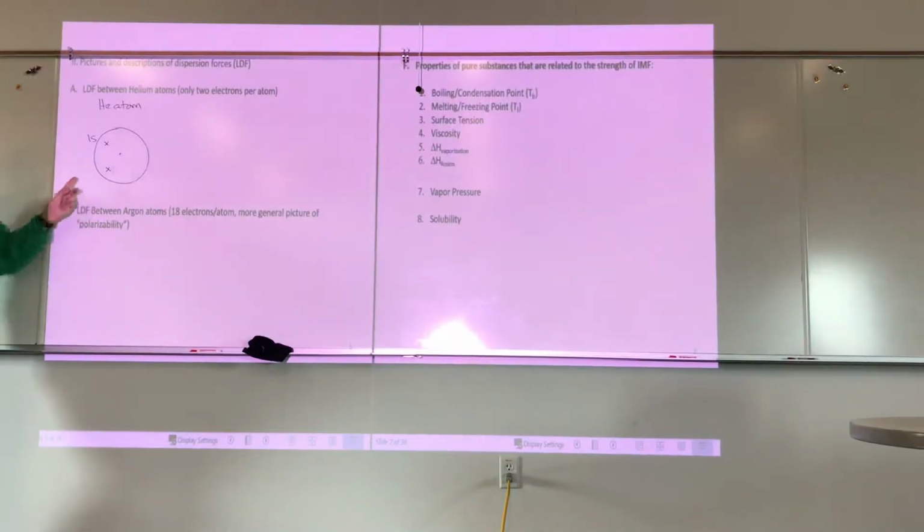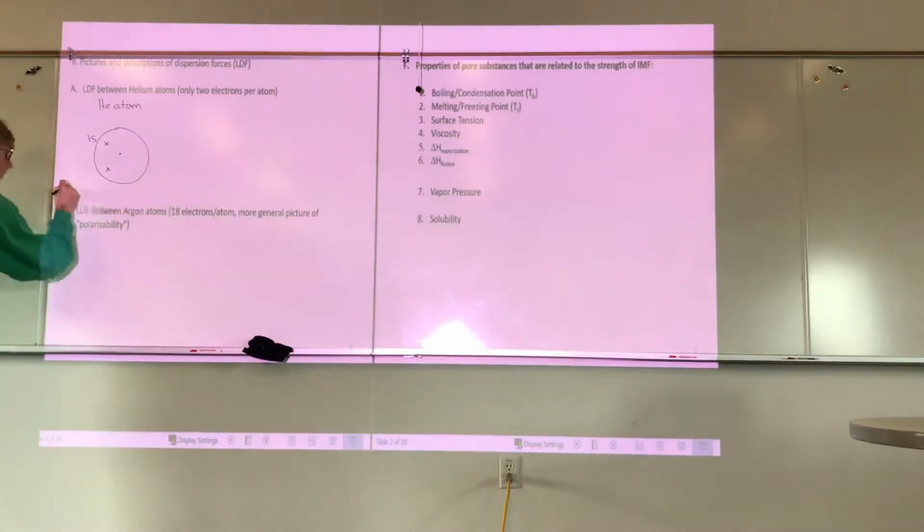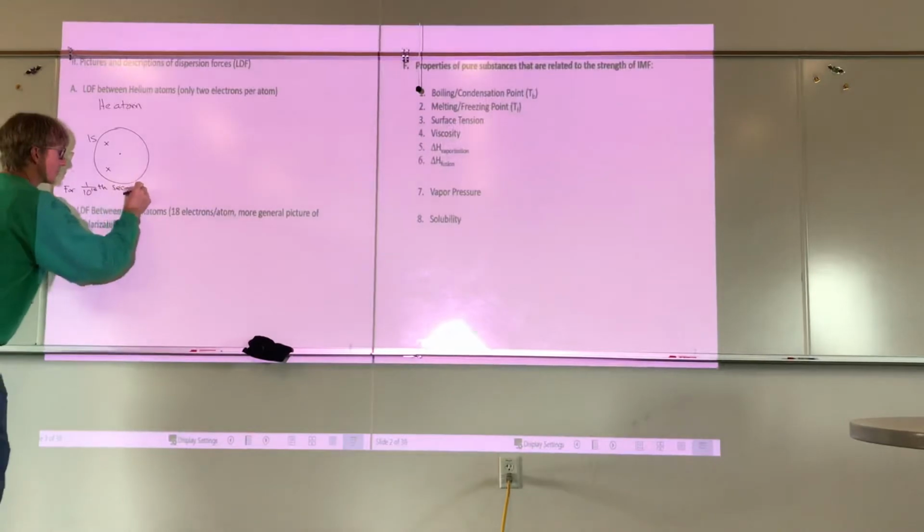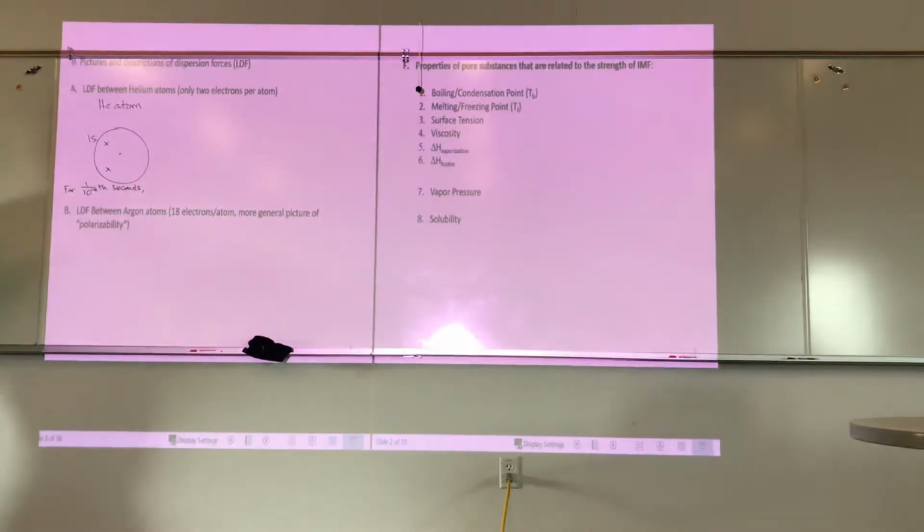And so, in addition to a picture, I'm going to write some words here, and it says, for 1 over 10 to the 15th seconds, both electrons in a helium atom are on the left-hand side of the atom.